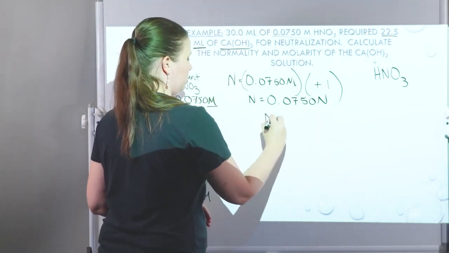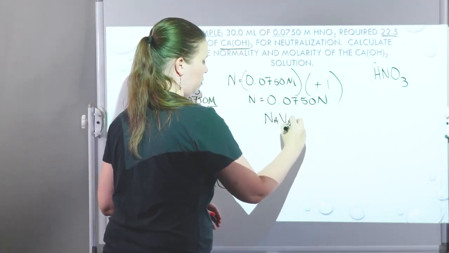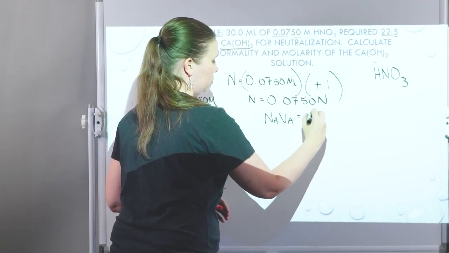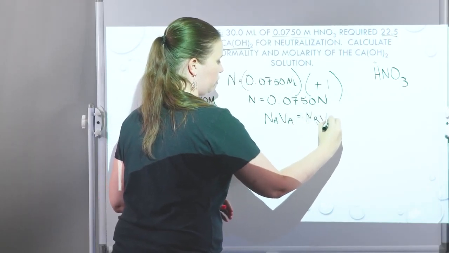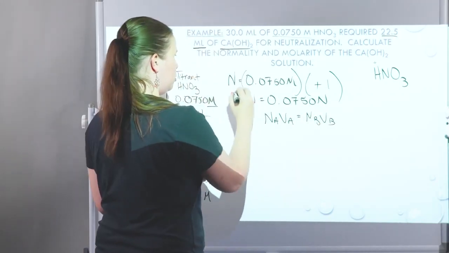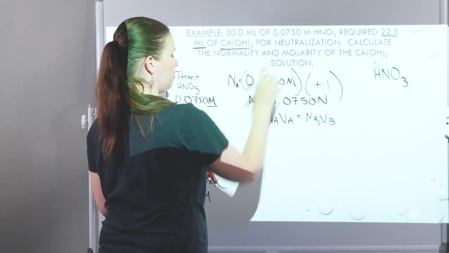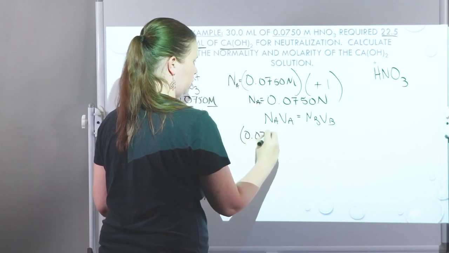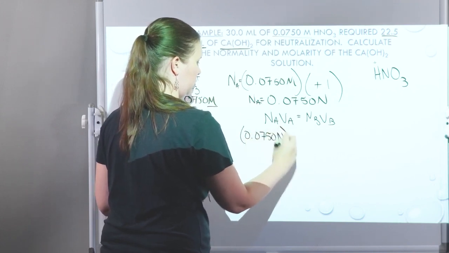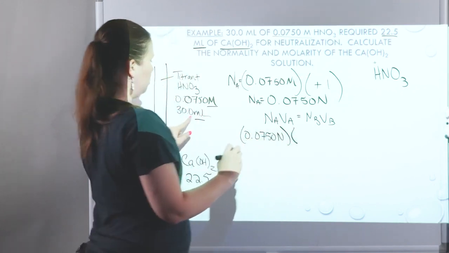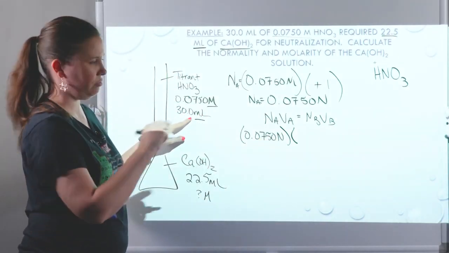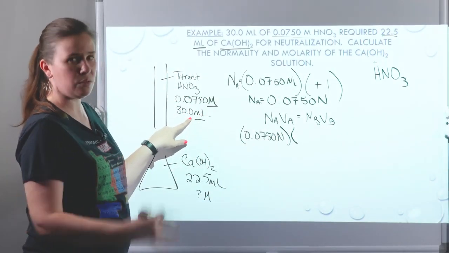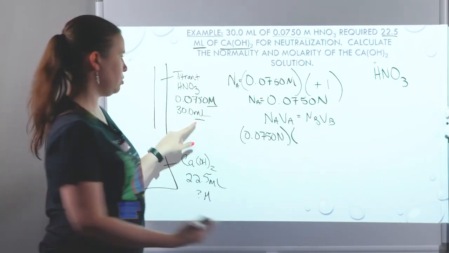Now let's try using normality of acid, volume of acid equals normality of base, volume of base. What I just found here, this 0.0750, was for the acid, so I'm going to plug that in first. Then the volume was given in milliliters, and for the shortcut, that's fine. We're not using the molarity equation, so we don't have to switch to liters.